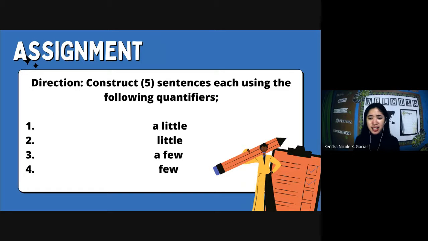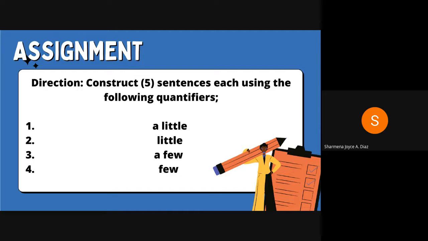All right, so I guess there is a limited time. So this activity, we will make it as an assignment. Okay, so will you please read the direction, Mena? So construct five sentences each using the following quantifiers.